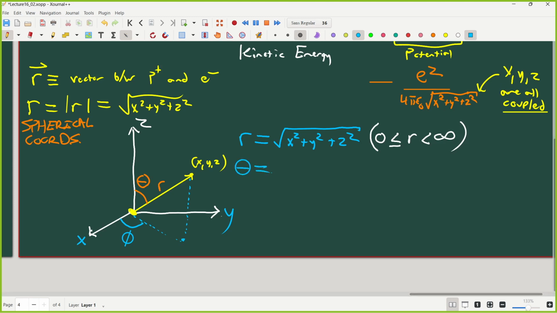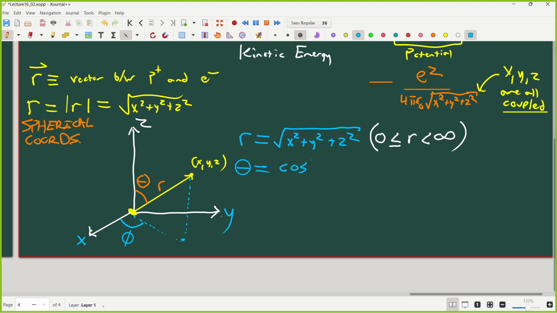Theta. Well, what is theta? Well, theta tells you something about how much the vector goes up along the z-axis. So it's going to be related to r and z. Right? And that's going to be from the angle: near over hypotenuse.